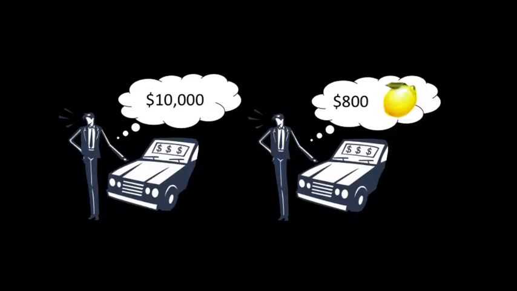But if I know that my car is worth $10,000, there's no chance that I'm going to sell it for $800. So I would just say, forget it. I'm just not going to sell my car because I'm not willing to sell it for $800.